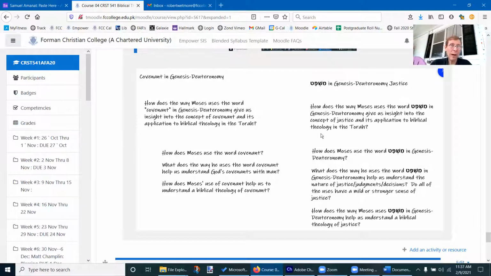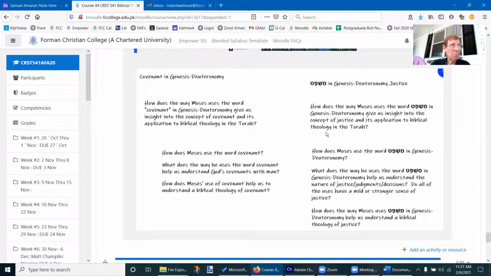You're going to talk about what patterns we see, or whatever you're going to say based upon your research, your keywords, and your galleries. So you're going to base your outline on answering the question, how does Moses use the word covenant? Because that's your point A.